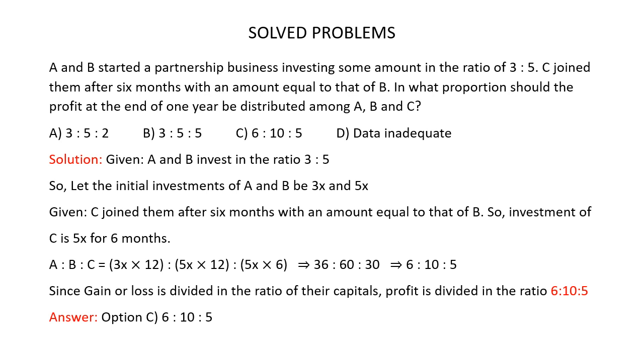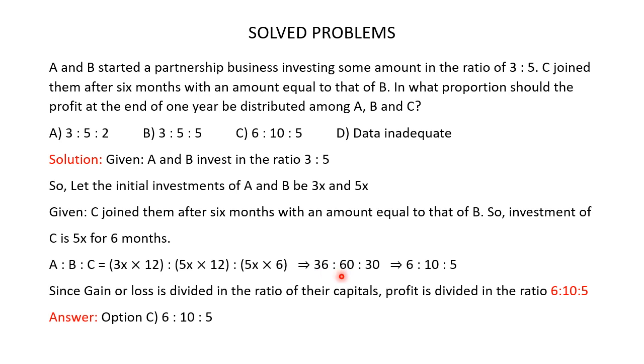Since he joined after 6 months, C's investment is 5x for 6 months, whereas A's investment is 3x for 12 months and B's investment is 5x for 12 months. So the ratio of investment of A, B and C is 3x multiplied by 12 is to 5x multiplied by 12 is to 5x multiplied by 6.